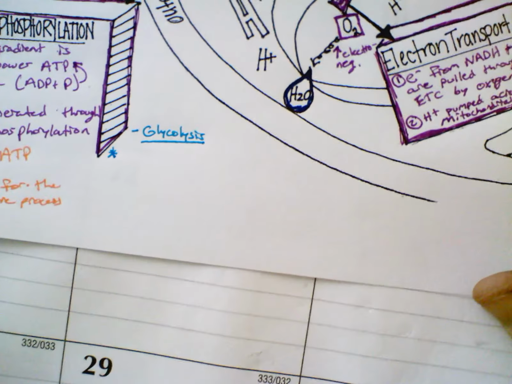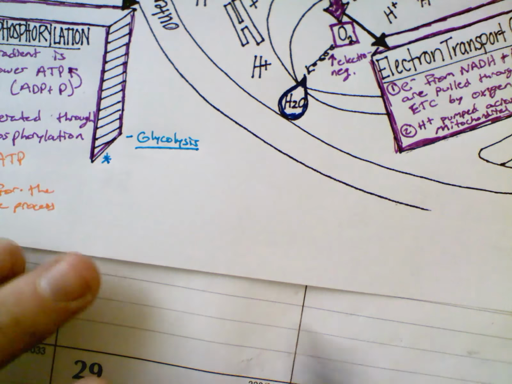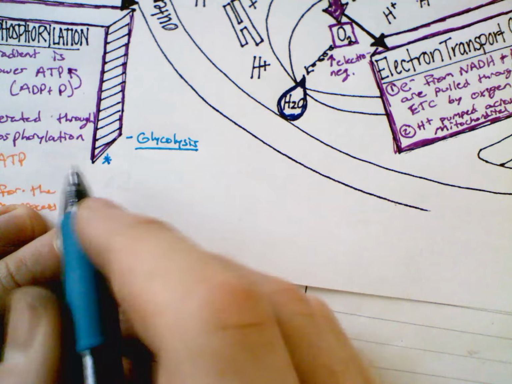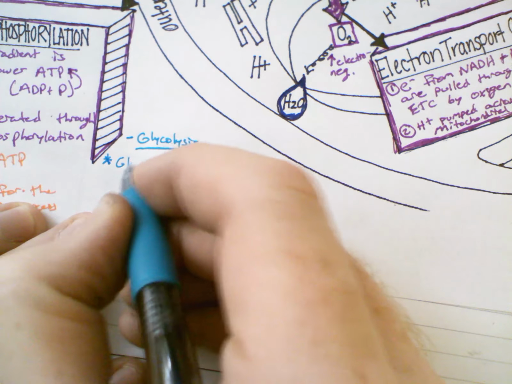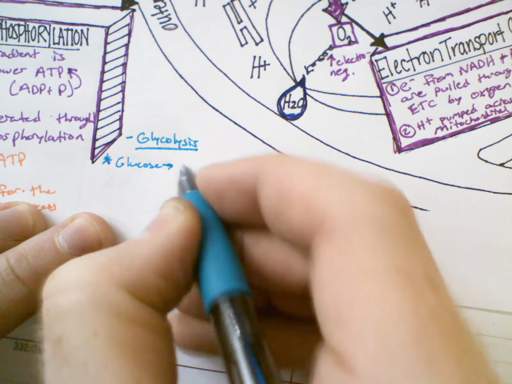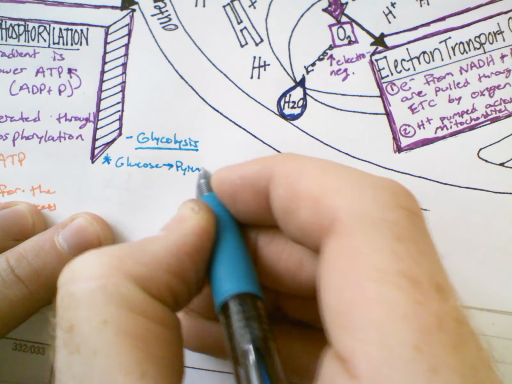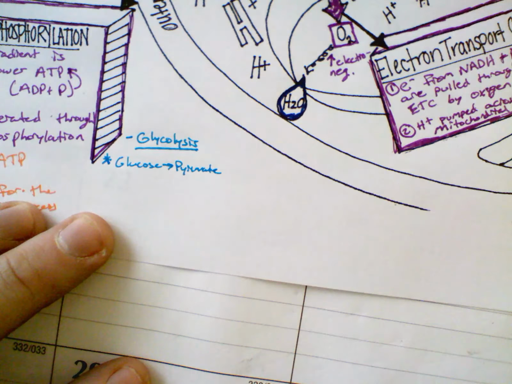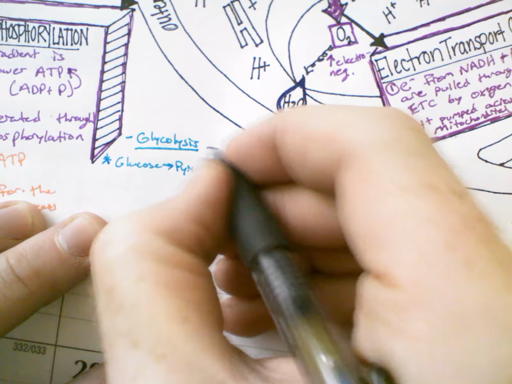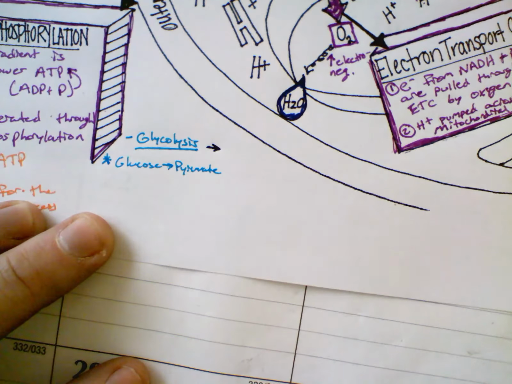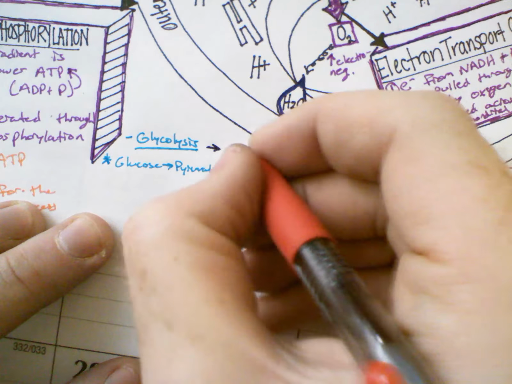Okay. So move down here to the bottom for me and we'll go as far as we can here. In glycolysis, the main thing I want you to know is we are going from glucose to pyruvate. After glycolysis, we are going to enter the Krebs cycle, or the citric acid cycle.